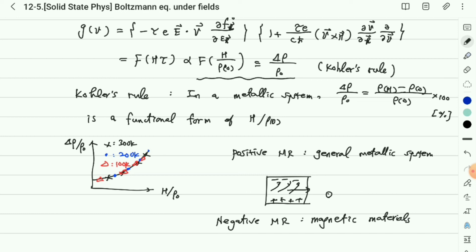Then it can decrease the electrical resistivity by applying a magnetic field, which gives rise to the negative magnetoresistance. Therefore, when we observe negative magnetoresistance in a simple metallic system without magnetic elements, it is very surprising. We should understand the physical mechanism of why the negative magnetoresistance originates in this case.